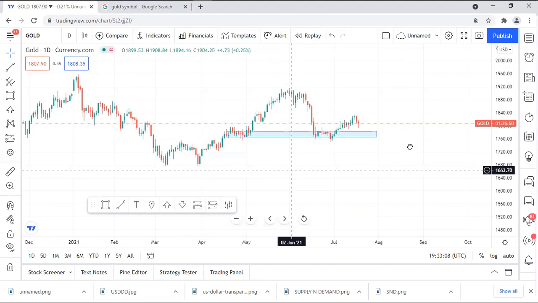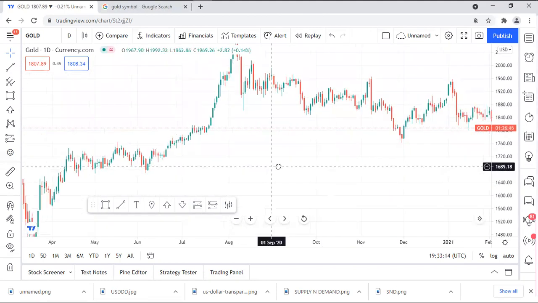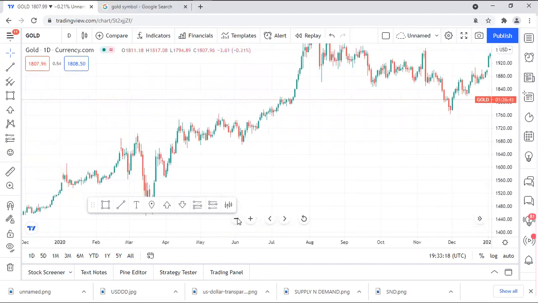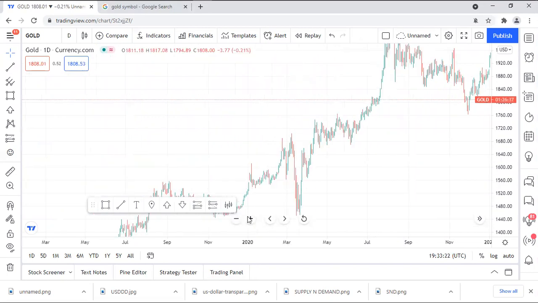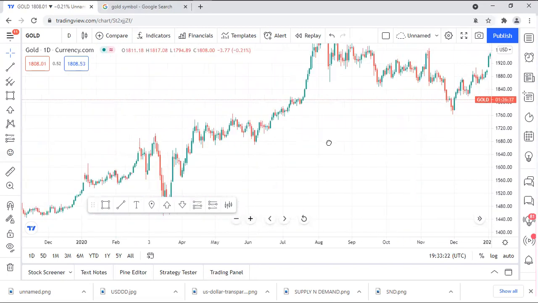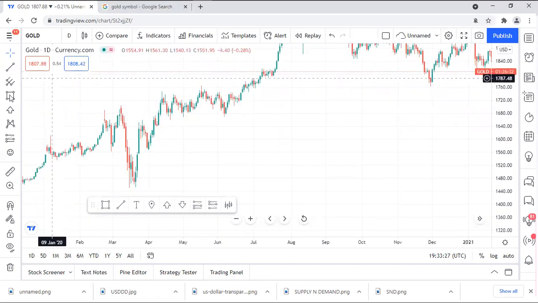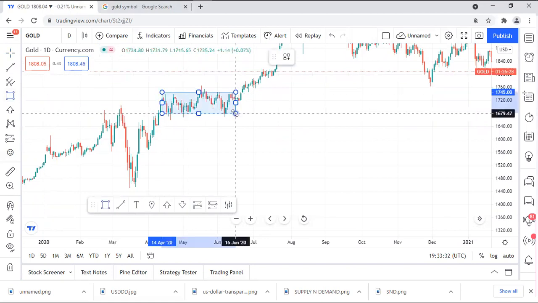You can look for these areas where price is ranging sideways for several bars, then it automatically shoots away. Next time price comes to that zone, it will definitely reverse. So we have another range here. It's another range here. It's just ranging for several bars.